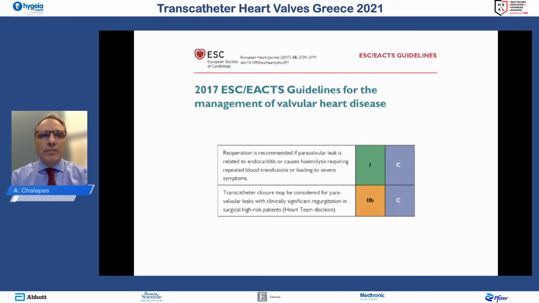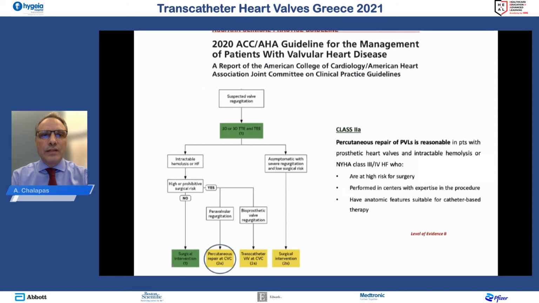That was the reason why the European guidelines of 2017 had the surgical approach as a class 1 indication, and they recommend the surgical approach, especially when combined with endocarditis or when there is hemolysis, and they gave at that time the 2B indication for the transcatheter approach, not because of its safety, but maybe because of the less experience at that time.